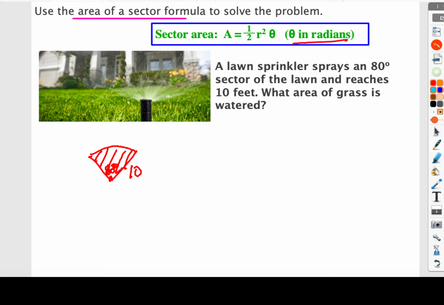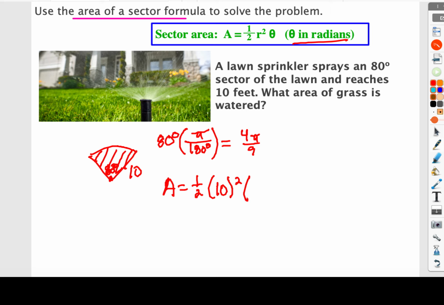And if theta is in radians, first thing I need to do is convert my 80 degrees times pi over 180, or basically, if I cancel those zeros, 8 over 18, or 4/9 of pi. So now I can say A equals 1/2 times the radius squared, so 10 squared, times my radians, 4 pi over 9, and we can simply find our area.